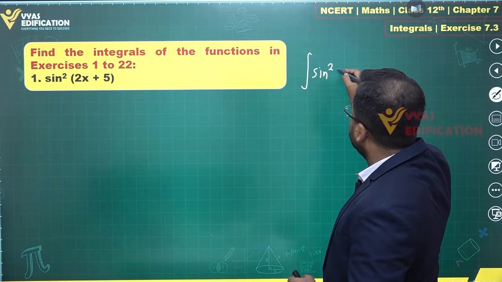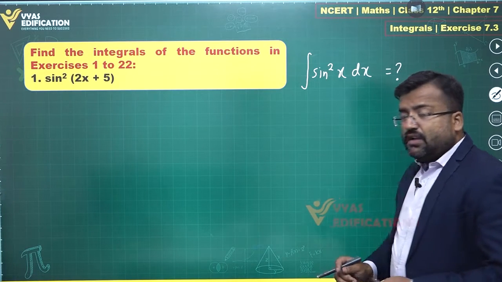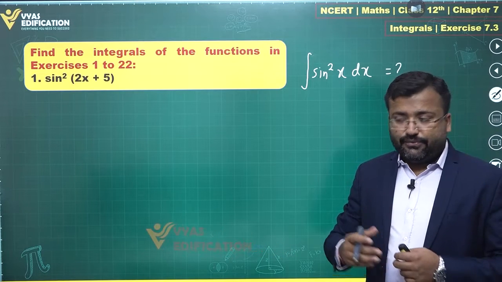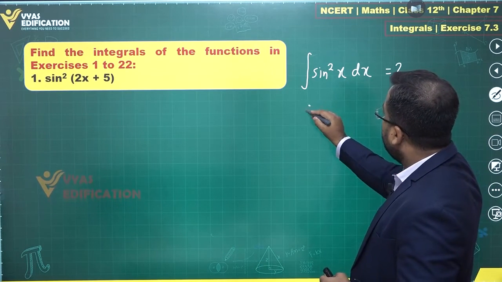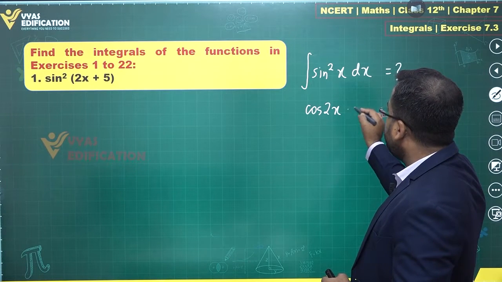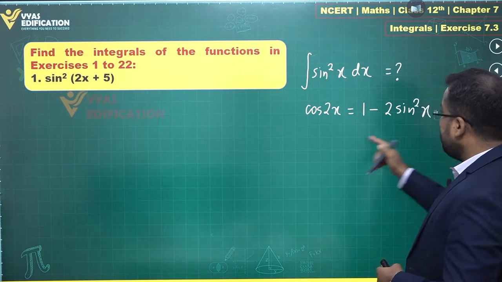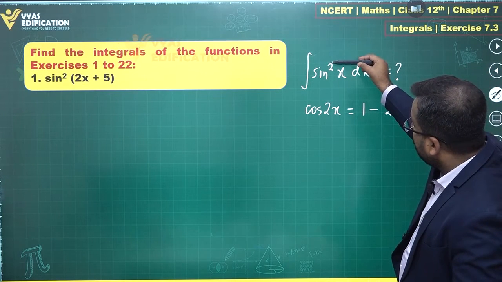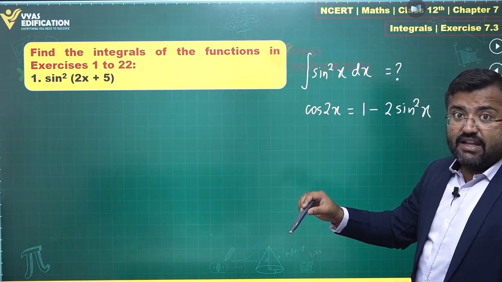Integral of sine square x dx. This is a question mark. So this sine square x cannot be solved directly, but we know one identity, which says cos 2x is equal to 1 minus 2 sine square x. This is an identity of cos 2x, yes. But the important thing is that power 2 was an issue, so power 2 has to be reduced to power 1 in some manner, right?